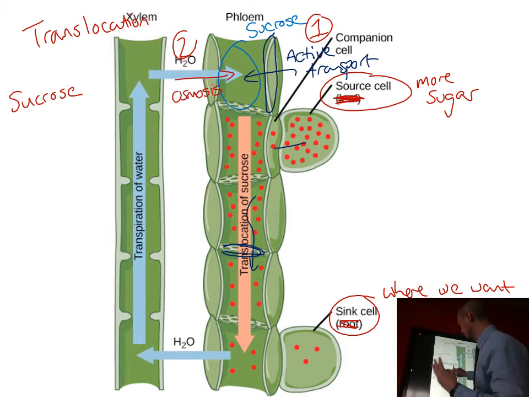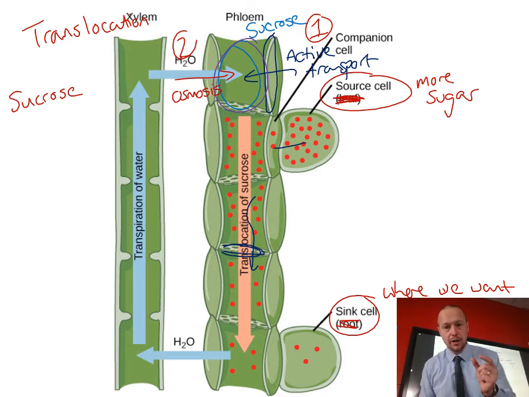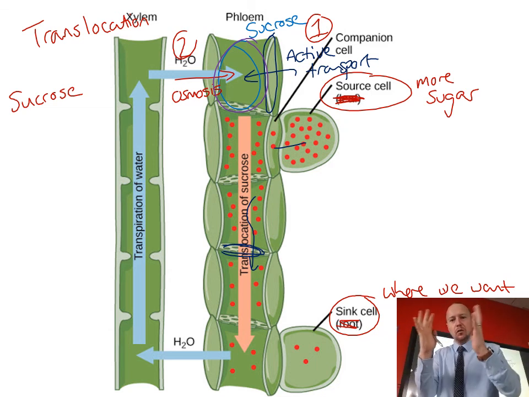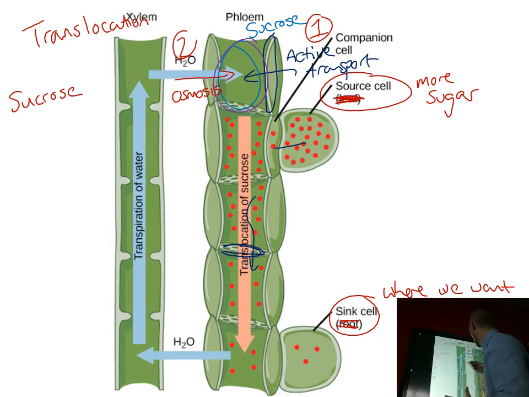And the third thing that happens is that there's tons of pressure in there now. There was lots of sugar, that's drawn water in, and there's lots of stuff there now, so the pressure has gone up. So step 3, there's high pressure.